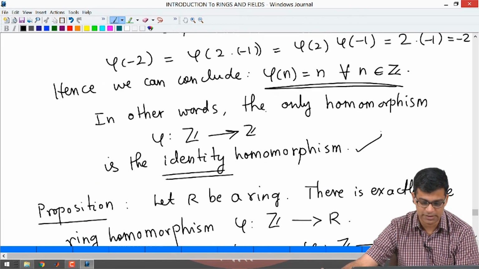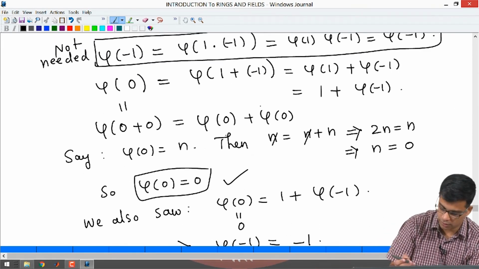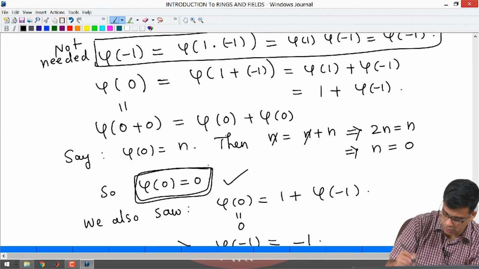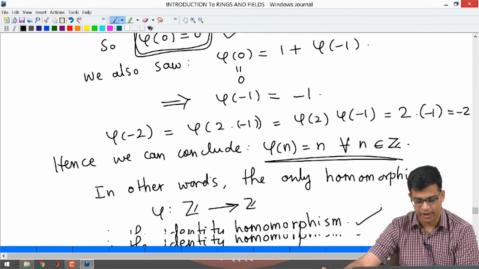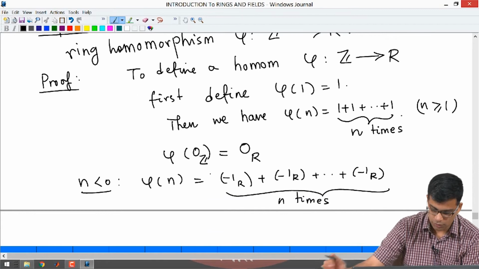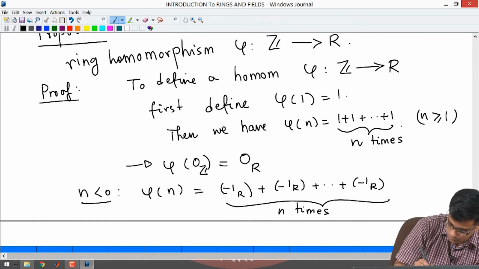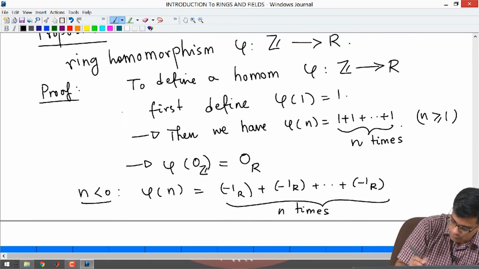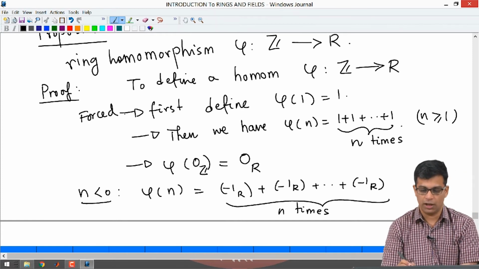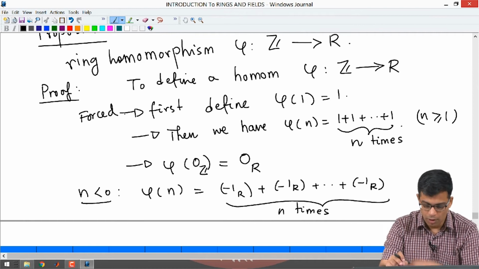So, the proof for this is exactly here. What I have described here in this box, that proof carries over. So, this is also forced, by which I mean forced by the ring homomorphism properties.